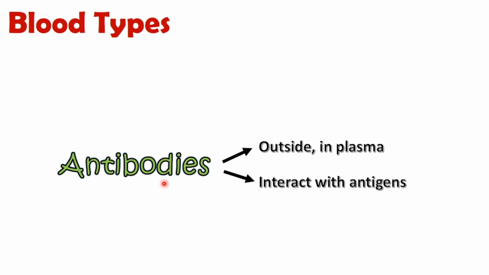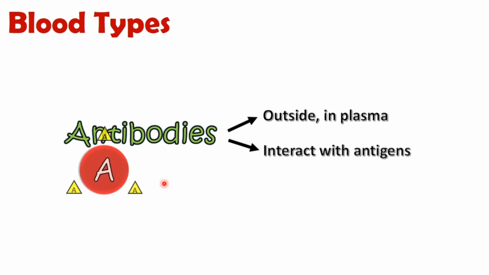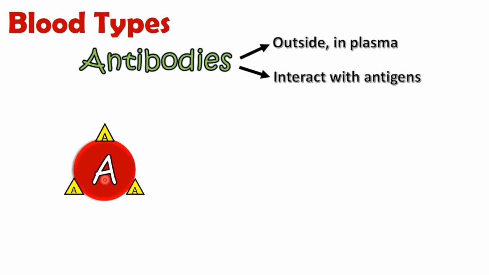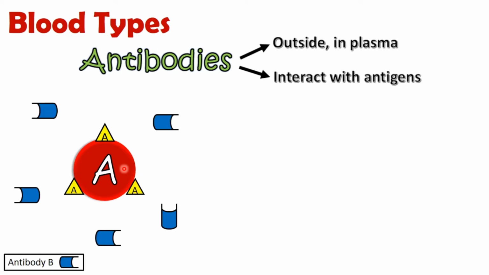So, we will talk about the antibodies. If you have A antigen in your red blood cells, which is blood type A, it means that your antibody will be antibody B. As I said before, antigen and antibody must be opposite.